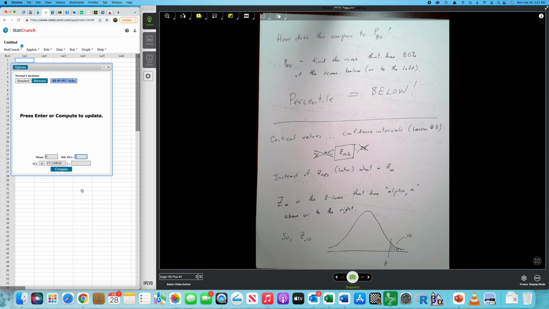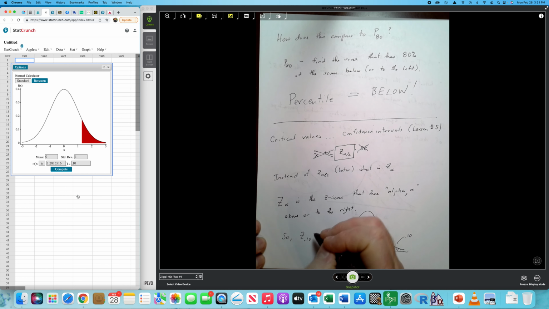Once we start working with z-scores, we move into what's called the standard normal distribution. By definition, this is above, and I need to find the z-score that has 0.10 above. So that's going to be 1.28. So that is z subscript 0.10.